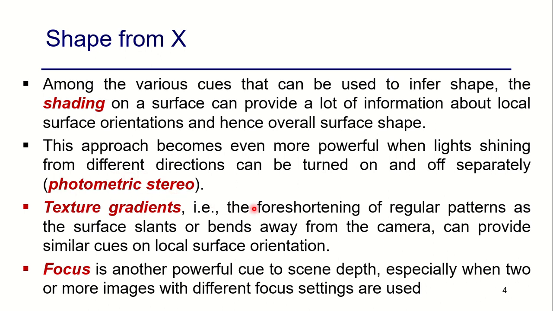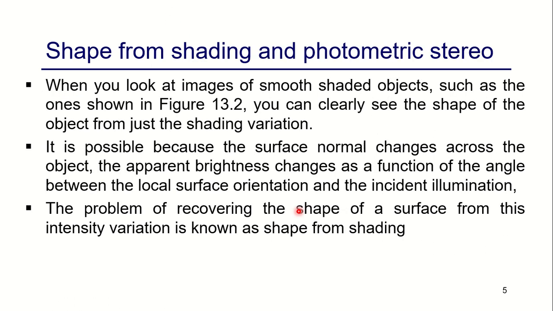Texture gradients, that is the foreshortening of regular patterns as the surface slants or bends away from the camera, can provide similar cues on local surface orientation. Focus is another powerful cue to scene depth, especially when two or more images with different focus settings are used.